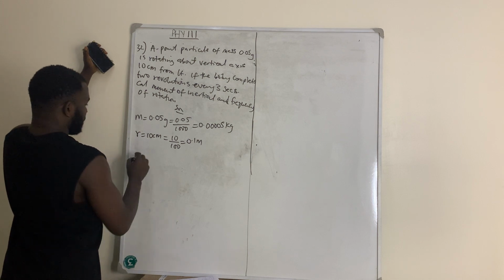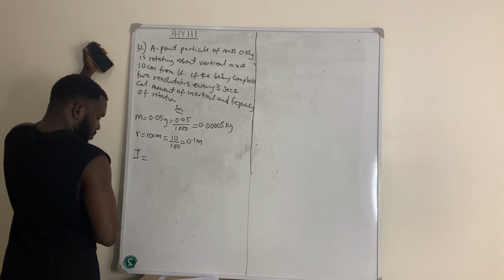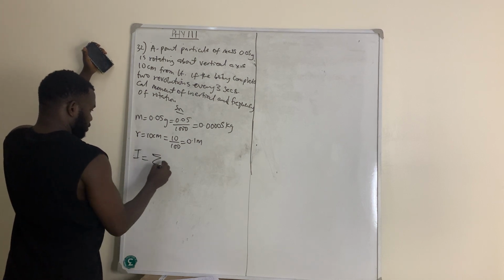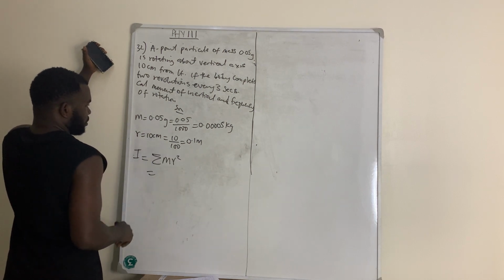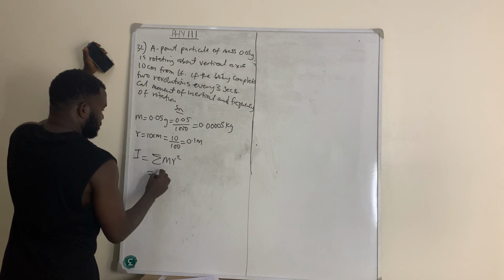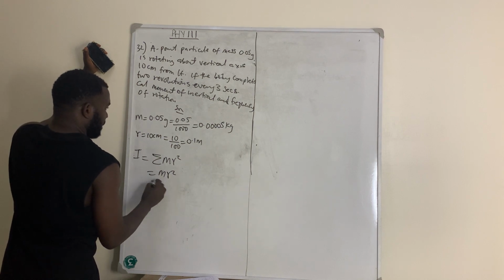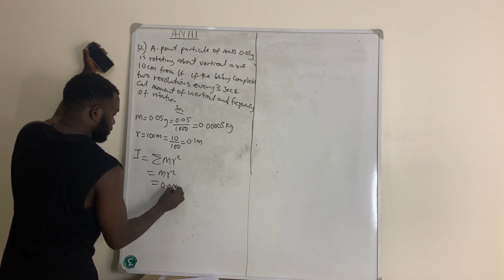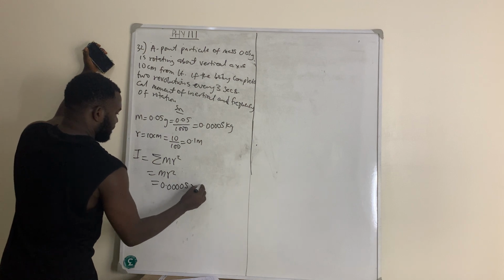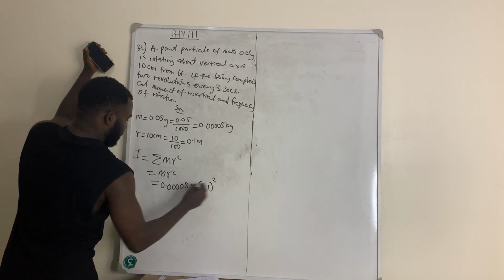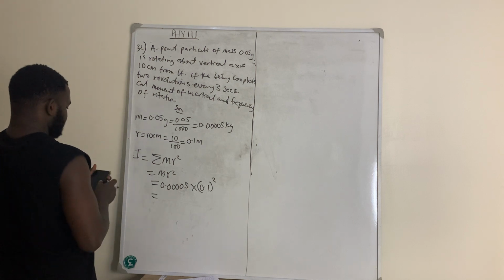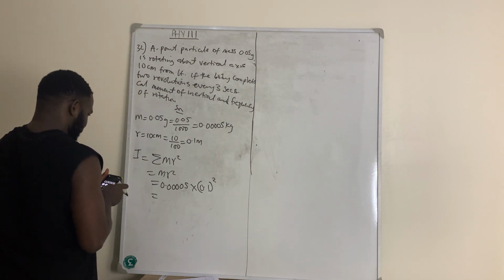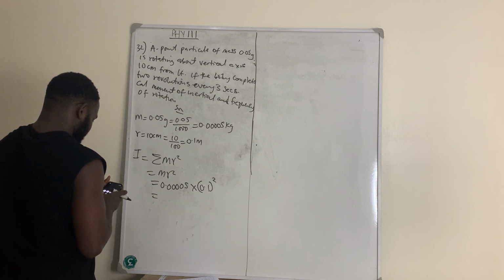Then they say we should calculate the moment of inertia. Don't forget that moment of inertia is simply the summation of m r squared. So using m r squared, forget the summation, I'm going to have 0.00005 times 0.1 all squared, that is 0.1 times another 0.1.